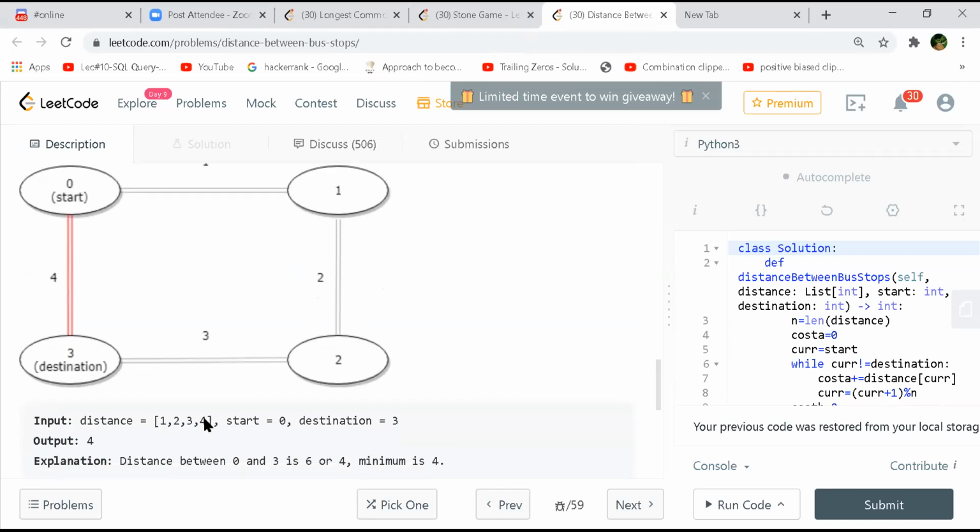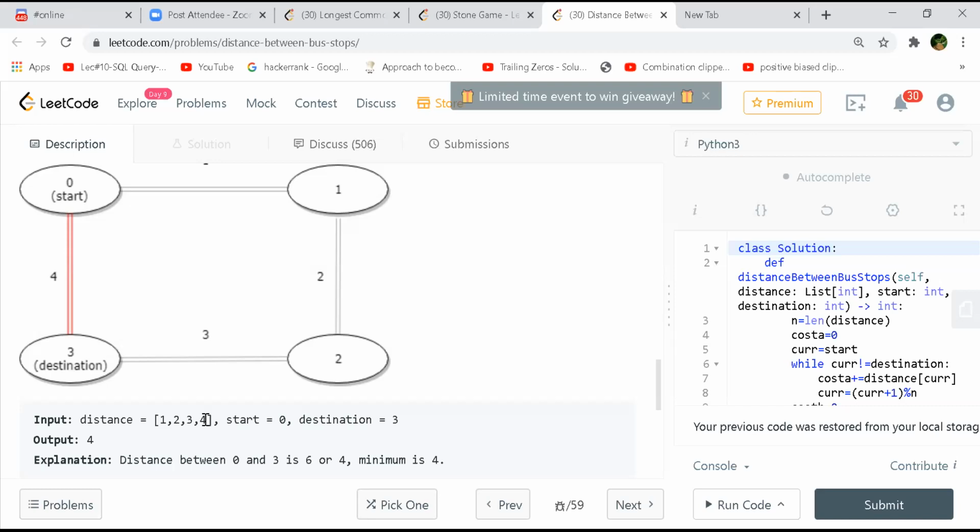In the next example, here it comes either 6 or 4. I was not getting how to calculate that. So 0 is 1 and 3 is 4. So they are trying to go from 0 to 3, and that cost is 4. If you go from 0 via 2, then it will be 6, right?